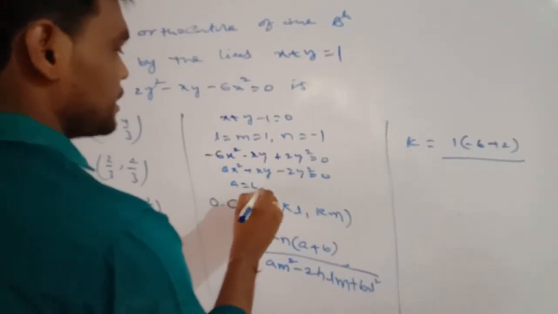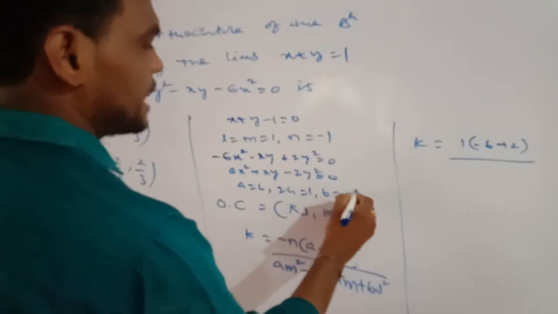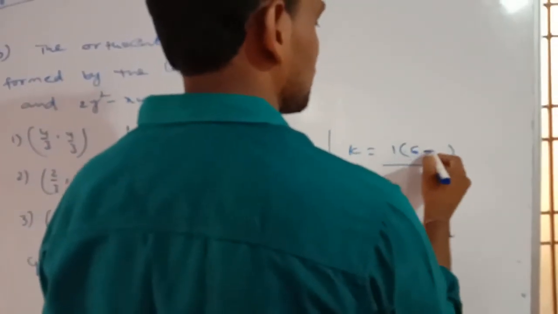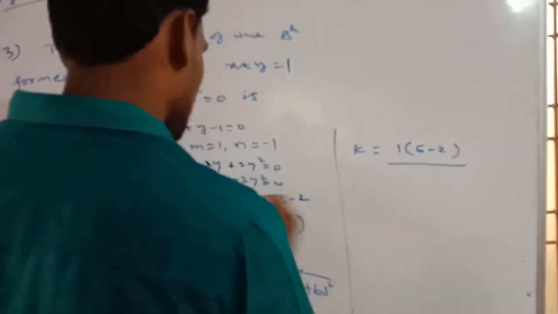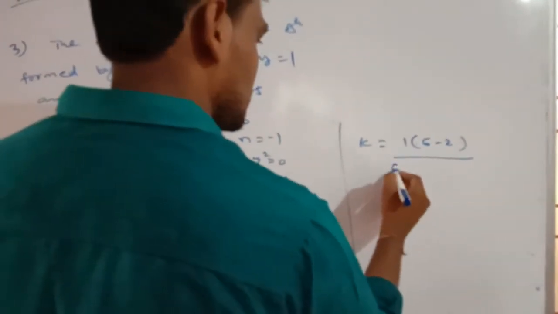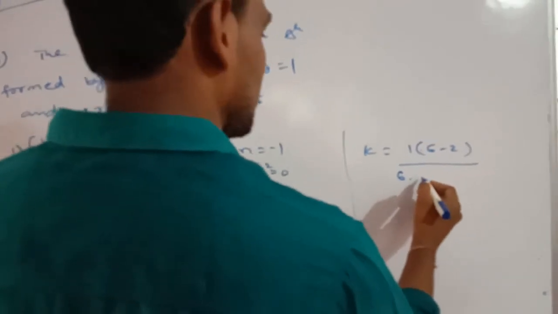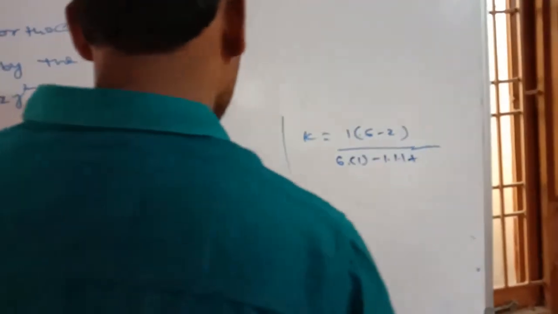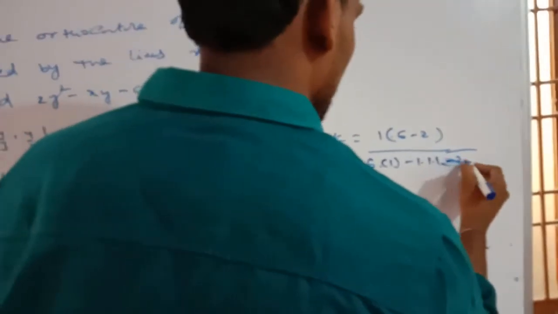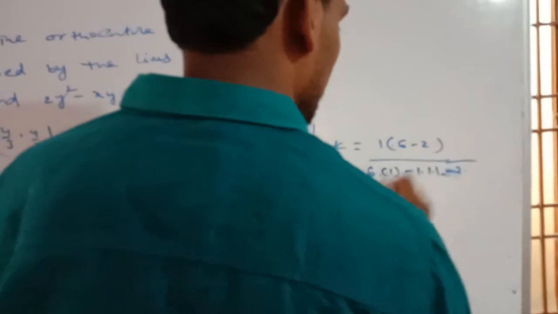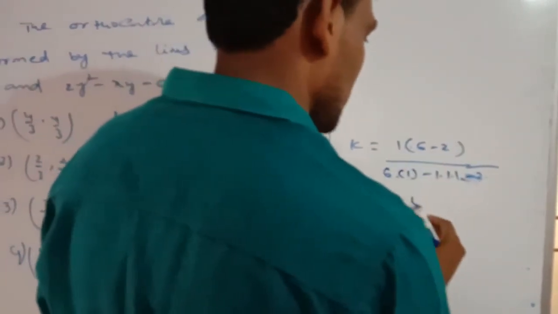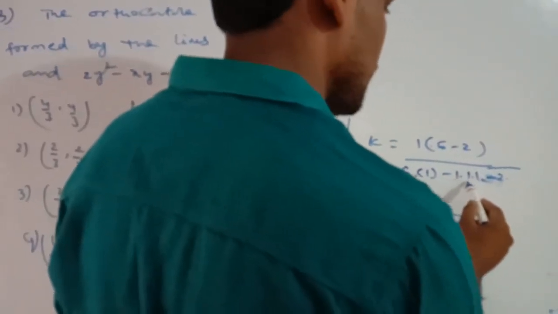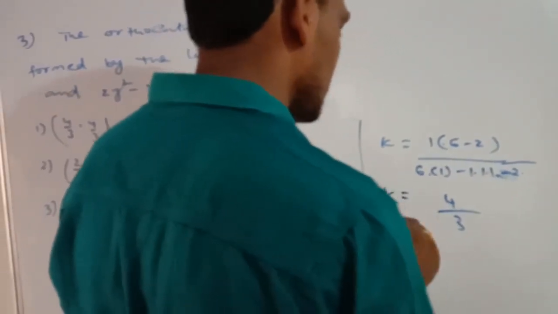Here a is minus 6, 2h is equal to 1, and b is equal to 2. So here minus n of a plus b, 6 minus 2 by am square, 6 into m square minus 2h plus bl square, minus 2 into l square 1. Now this is 6 minus 2, 4, 6 into 1 is 6 minus 1, 5 minus 2, 3. So here k is equal to 4 by 3.